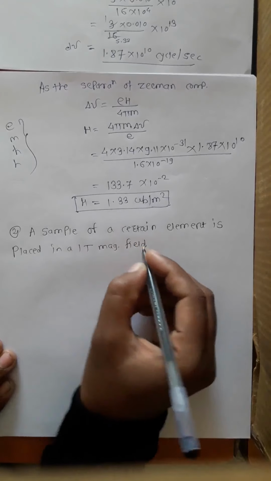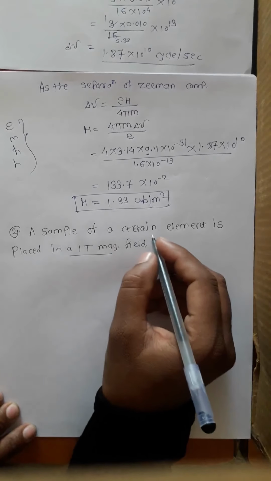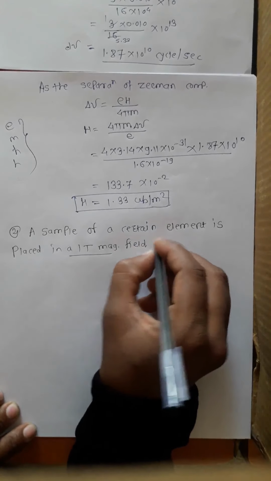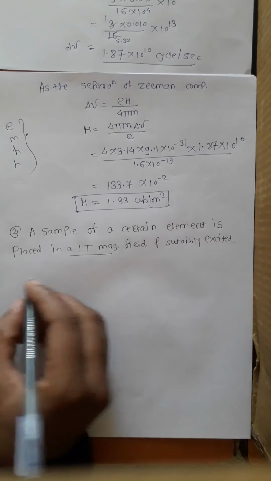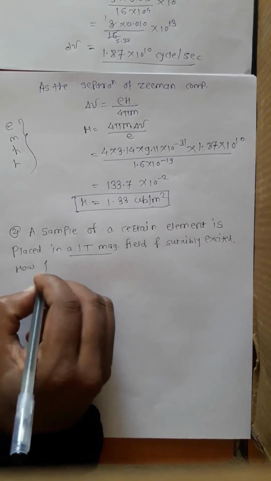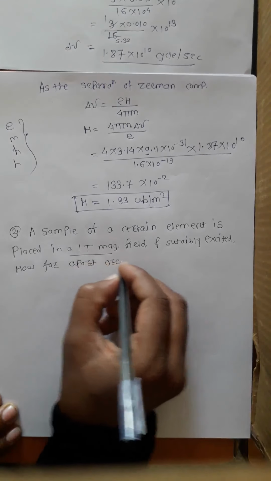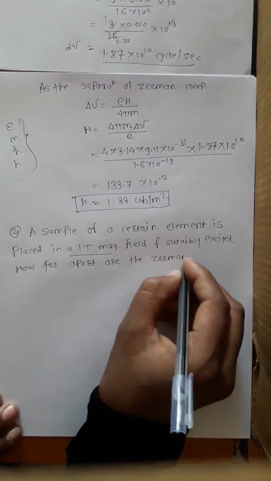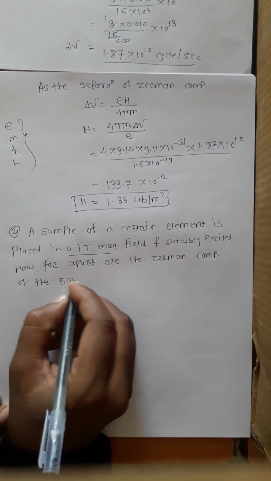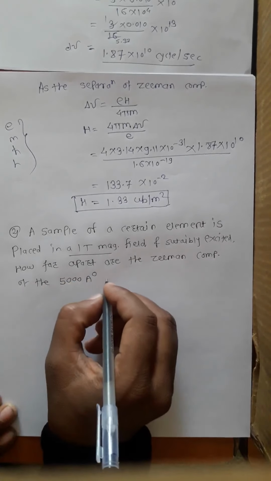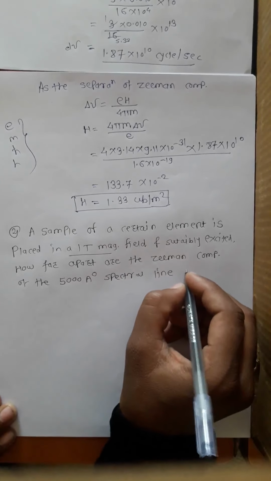We are given this value H, H is equal to 1 Tesla, and suitably excited. How far apart are the Zeeman components of the 5000 angstrom spectral line of this element?